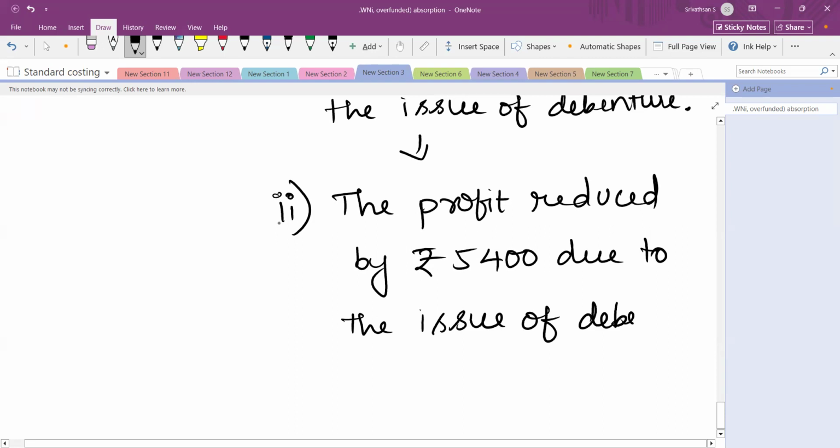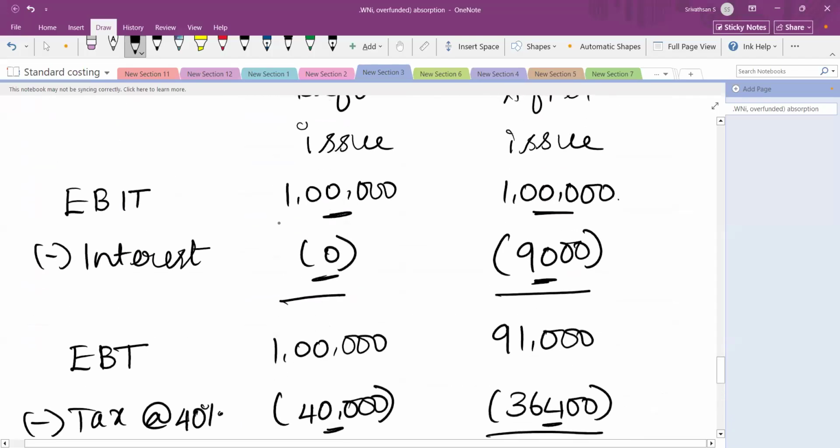Now here, there is an important point that needs to be addressed. So here, before the issue of debenture, the company was paying 0 rupees interest. But after the issue of debenture, the company is paying 9,000 rupees interest, right? So then, logically speaking, the profit of the company should have reduced by 9,000 rupees. Correct? Because before issue, it was only 0 rupees of interest, but after issue, it is 9,000 rupees of interest.